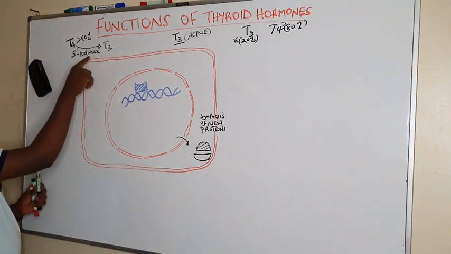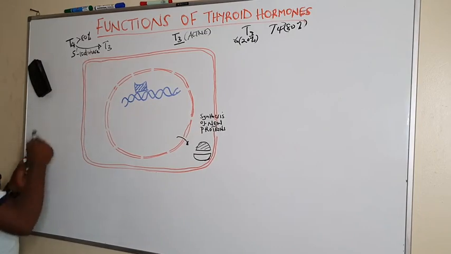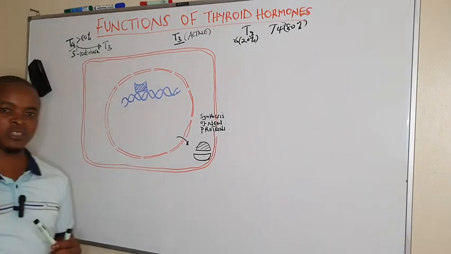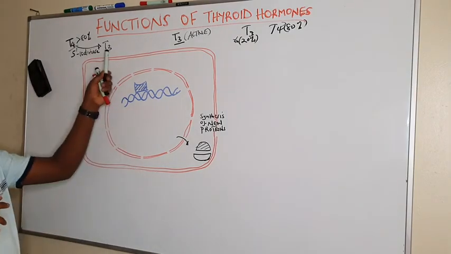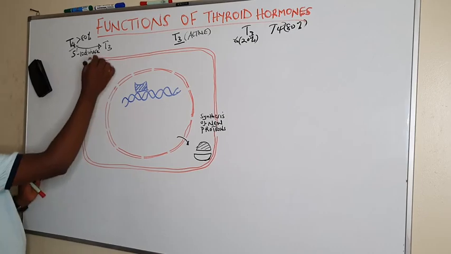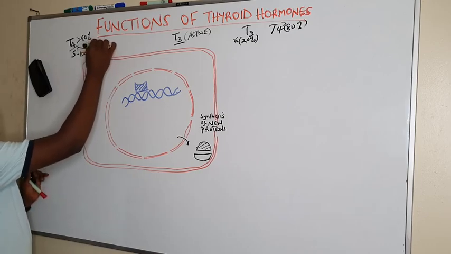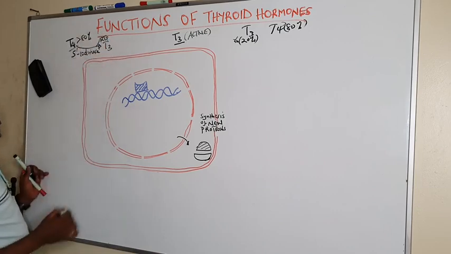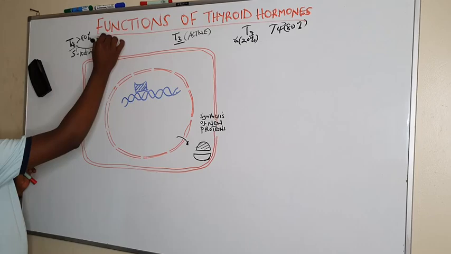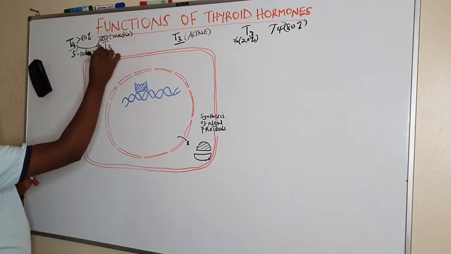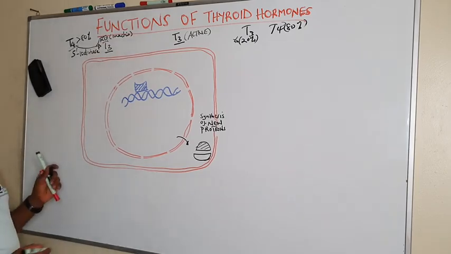This enzyme converts T4 in the peripheral tissues into two products: reverse T3, which is inactive, and T3, which is active.